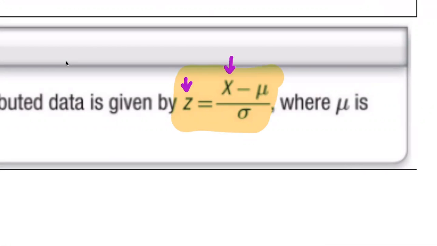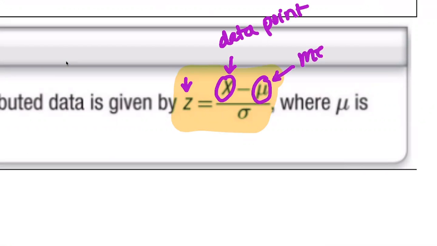But whatever the other variables are, this x is whatever the data point is that we're looking at. This guy right here is always representing our mean. So whatever the middle of the normally distributed graph is, that value would go there. And then the number on the end is our standard deviation.